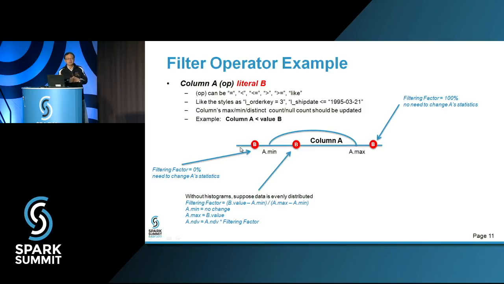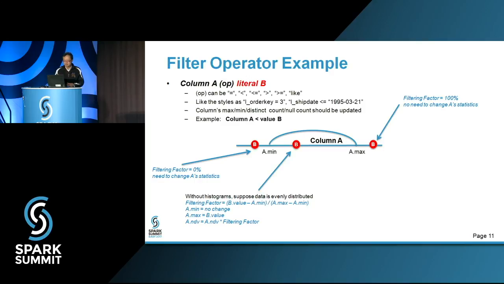If the value B is less than column A's minimum value, then for the condition column A less than value B, we know that none of the records can meet the condition. So the filtering factor is 0%.